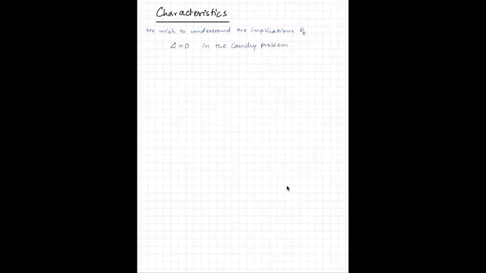Okay, so remember that delta is given as y primed s naught squared a minus twice x primed s naught y primed s naught b plus x primed s naught squared c. So this has to be a squared as well, I'm sorry. This being equal to 0.